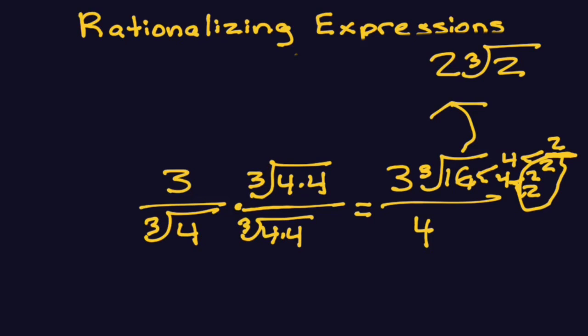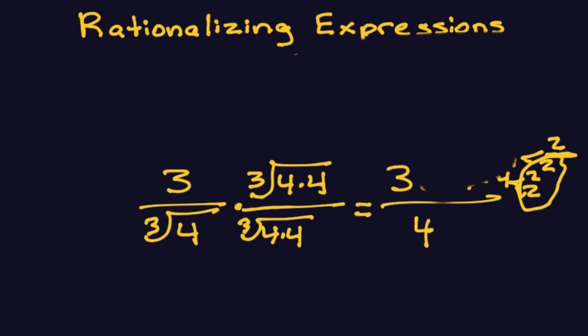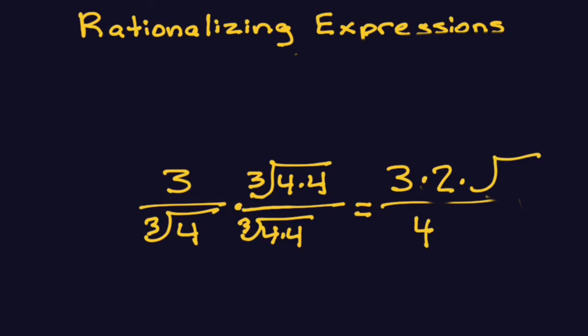And then if we put that in place of the cube root of 16, 3 times 2 times the cube root of 2, we get 6 times the cube root of 2 over 4. So we simplified that cube root of 16.